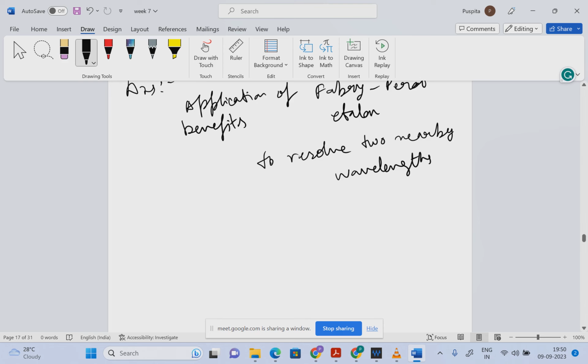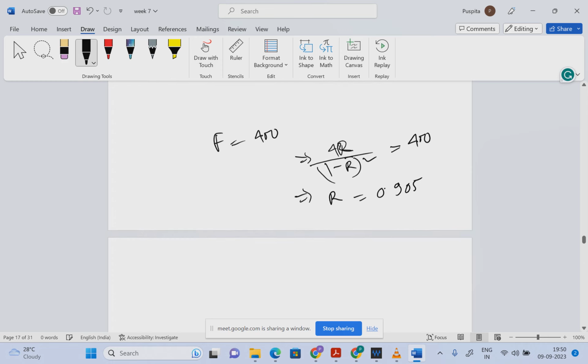So F is equal to 400, which means 4R by (1 minus R) whole square is equal to 400. So from here R will be 0.905, so 90.55%.